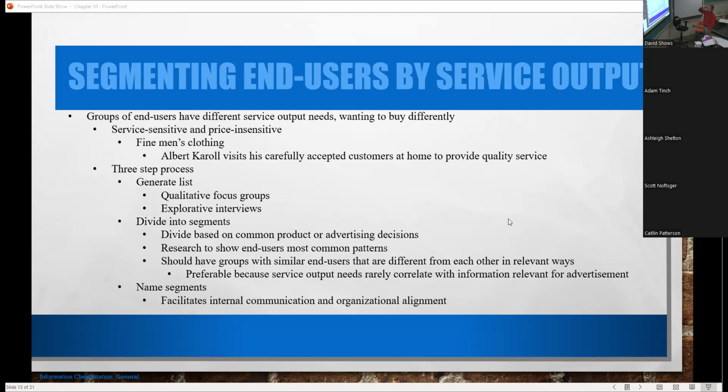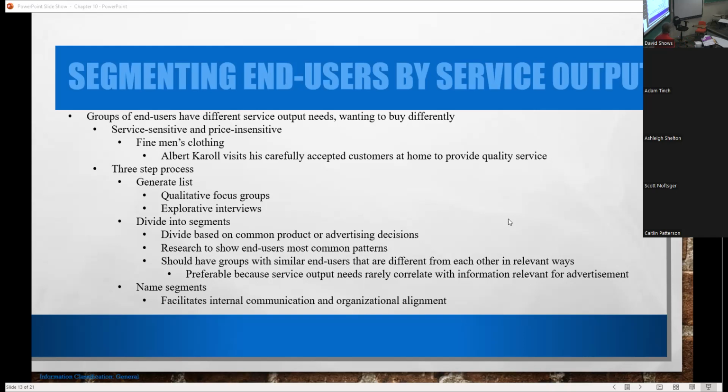Albert Carroll is a tailor. This is actually a corporation like my friend's. They go visit customers and provide them with high quality tailoring service. They're very insensitive to price, but it doesn't mean anything when we're talking about market segmentation.